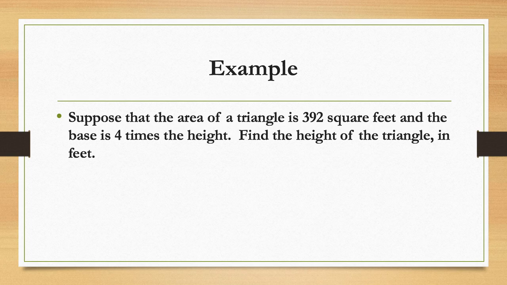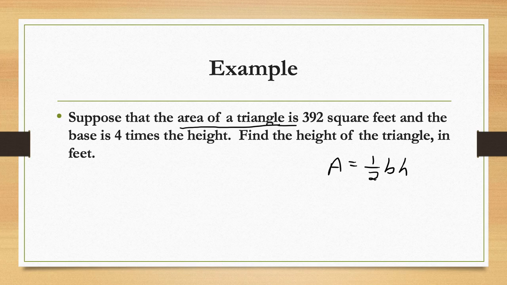Our final example tells us that the area of a triangle is 392 square feet and the base is 4 times the height. It's asking us to find the height of the triangle in feet. So we know that the formula for the area of a triangle is 1/2 base times height.